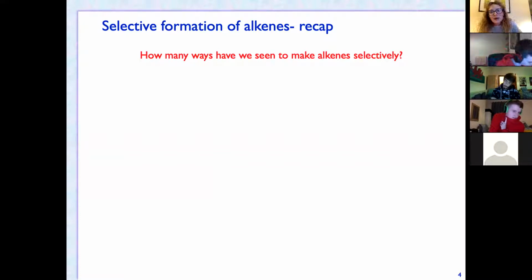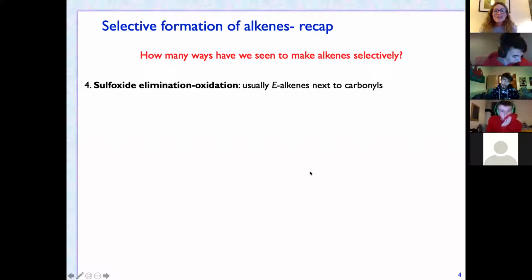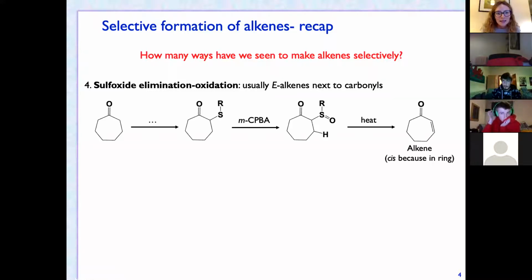But I'm thinking about something that uses a sulfur instead. Oh, like the enone one? Yes, that one. Elimination, oxidation, and usually we make E alkenes unless we have a cyclic starting material, okay?